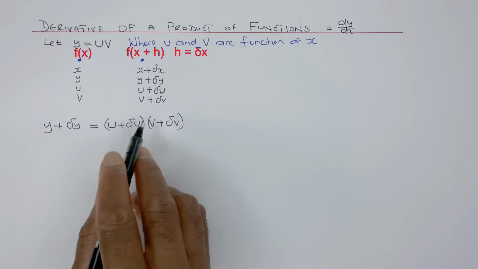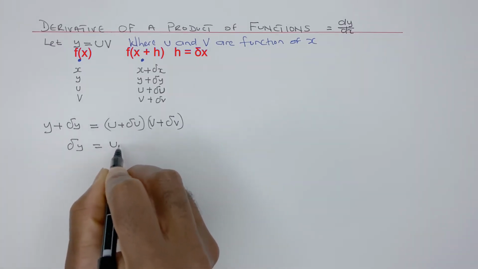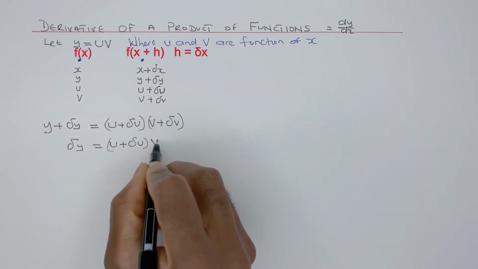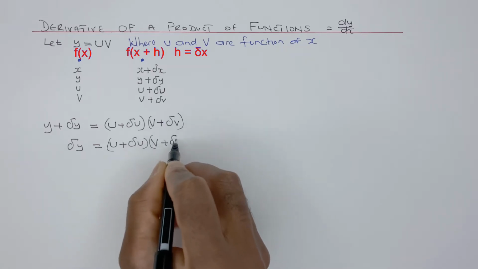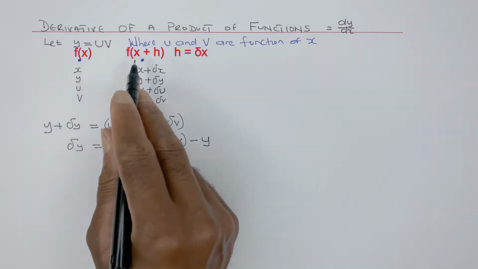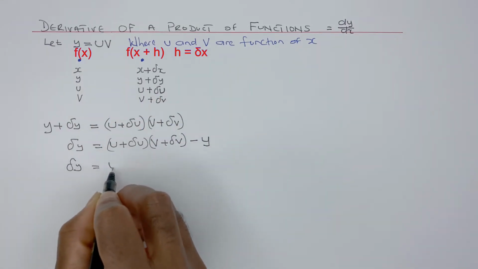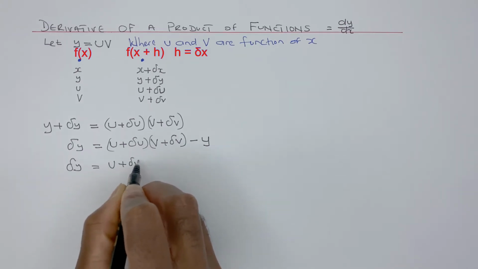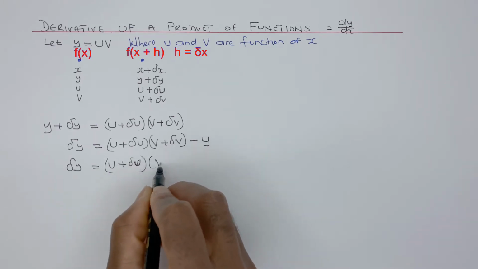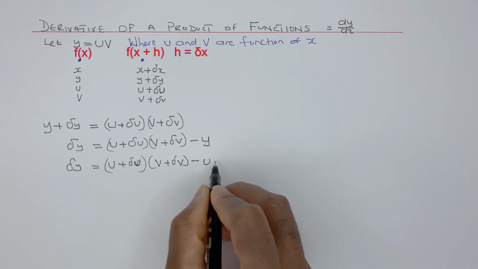We need to take y to the other side, so delta y equals u plus delta u times v plus delta v minus y. But y is uv, so delta y equals u plus delta u times v plus delta v minus uv.